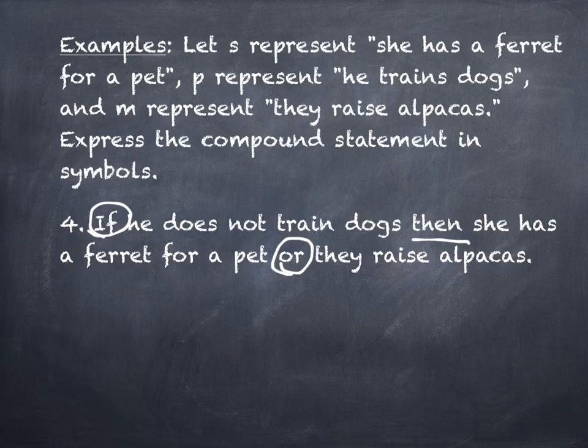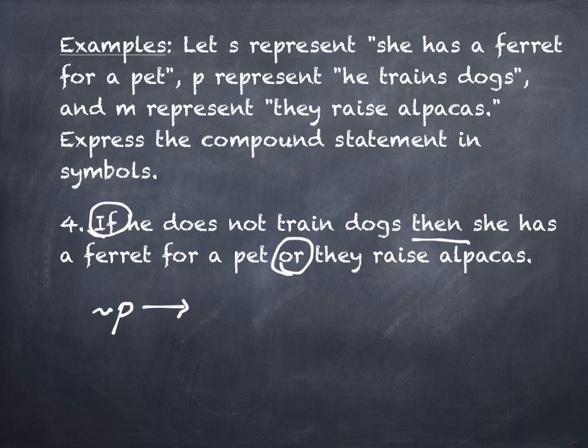All right, so let's start with the if. What's going to be the first letter that I write down? A tilde P, because it talks about him not training dogs, right? So this is tilde P. And then there's going to be an arrow, because that's the then part. Then what happens? You might want to put parentheses on this one.